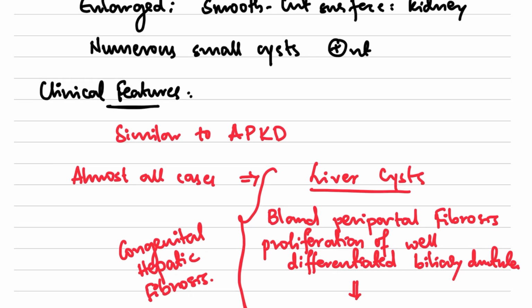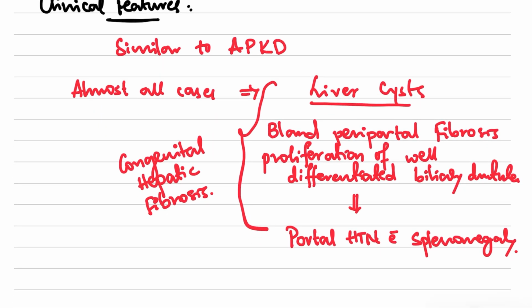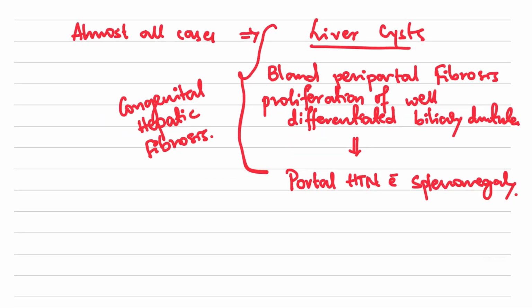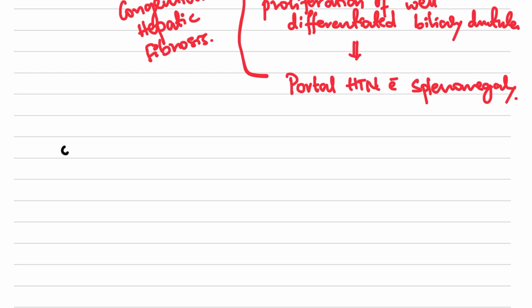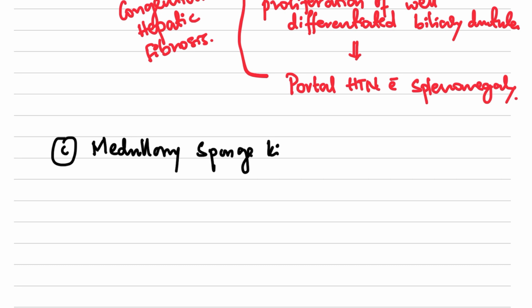Moving on to the other cystic disease of the renal medulla. Moving on to the third type, that is the medullary sponge disease, or medullary sponge kidney. This is the third type of cystic disease of the renal medulla.